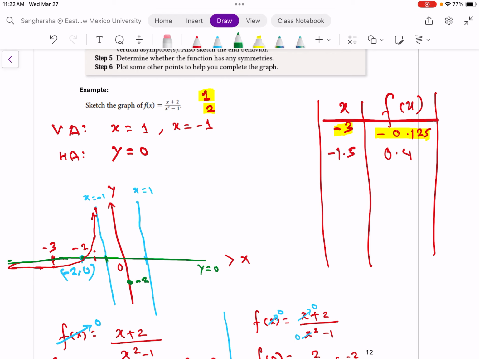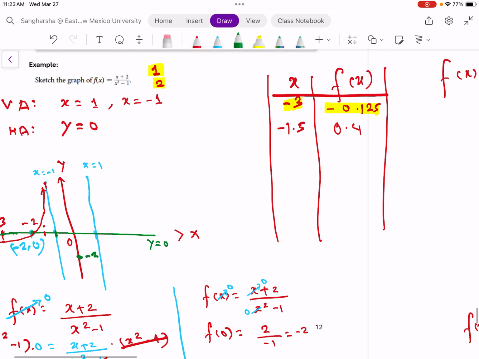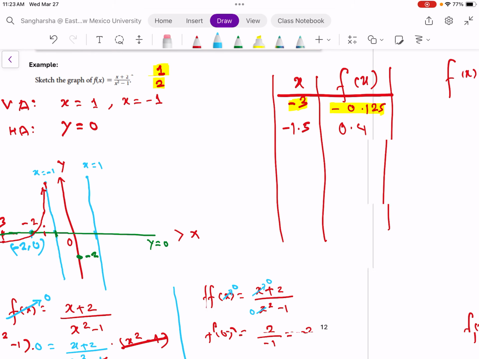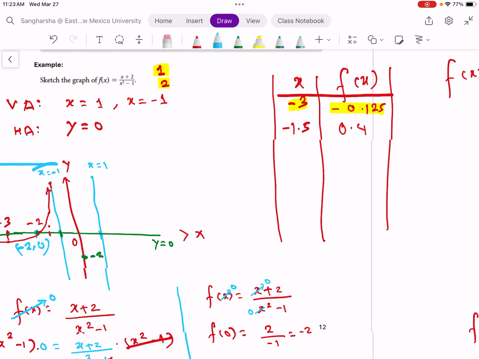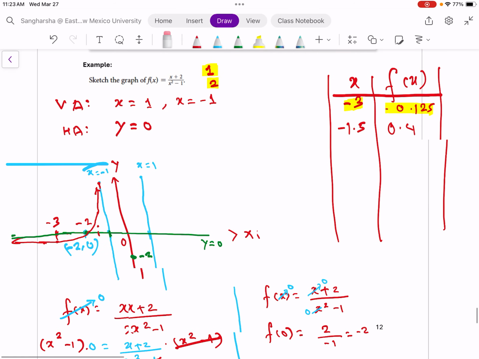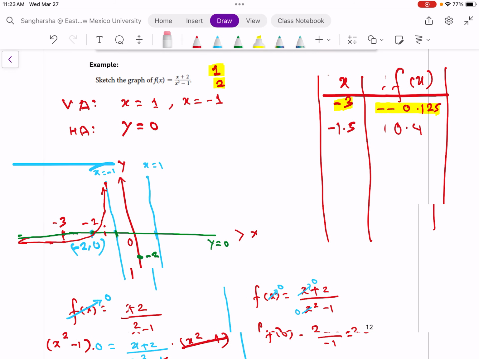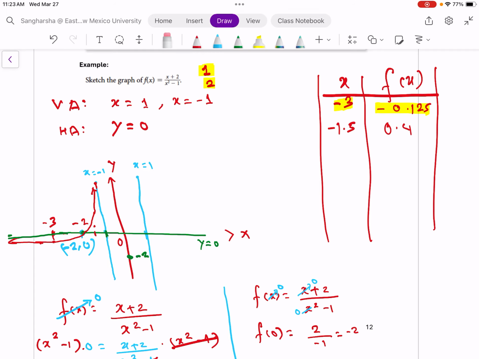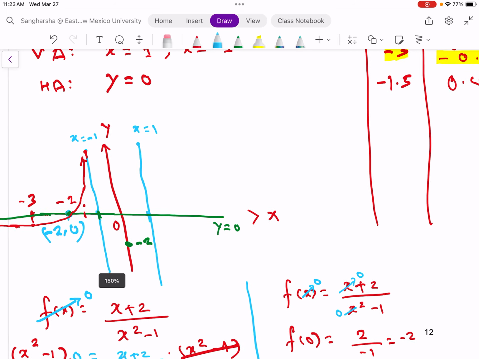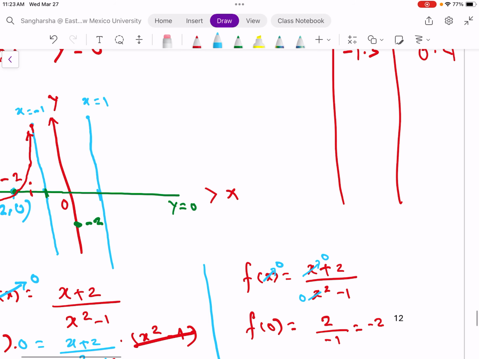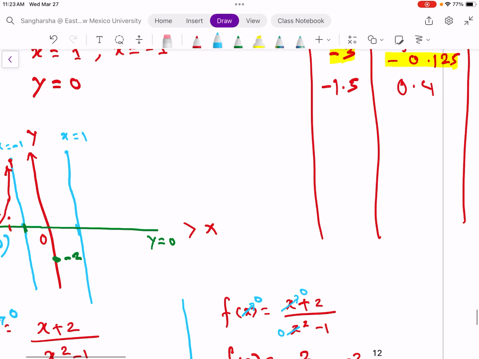Now let's see what happens in between these two vertical asymptotes. Let me choose a number somewhere here. This is our 0, this is -1.